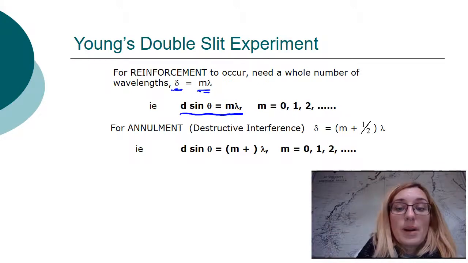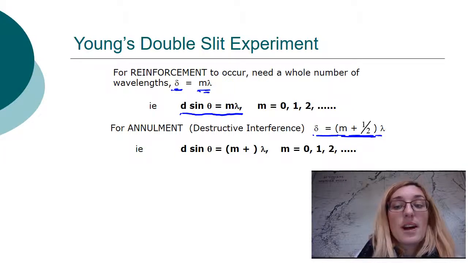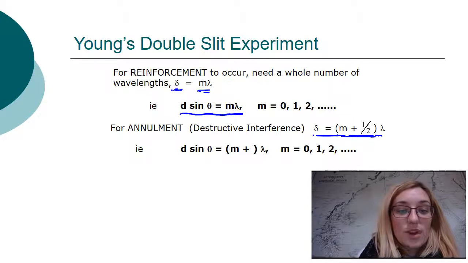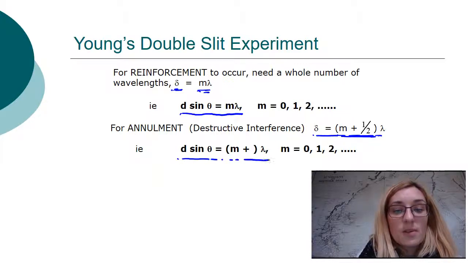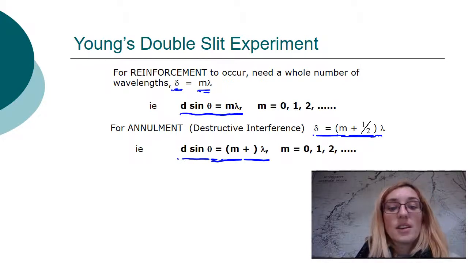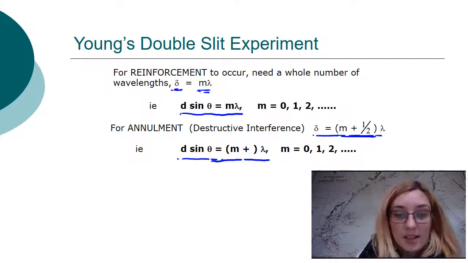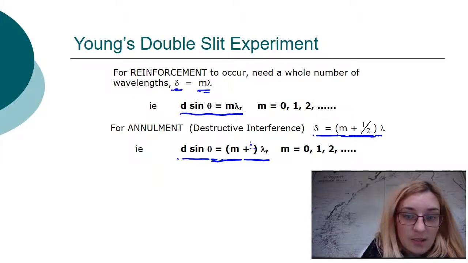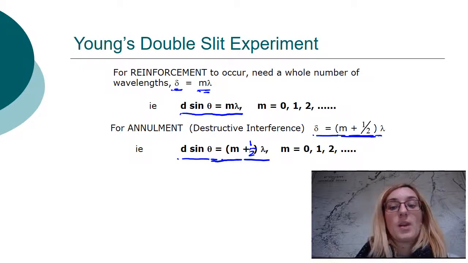So the path difference is going to be m plus a half wavelengths. We put that into our formula and end up with d sine theta is equal to m plus a half, times the wavelength, where m is your whole number of fringe points.